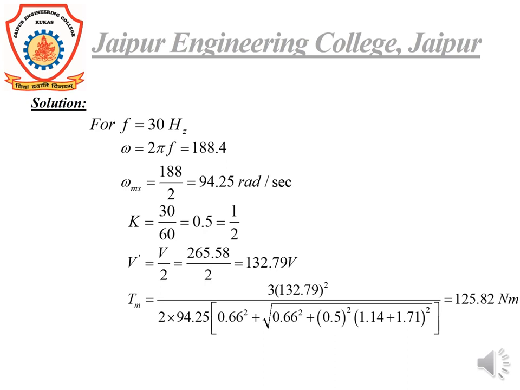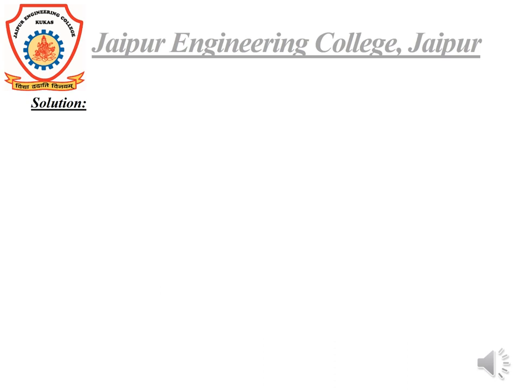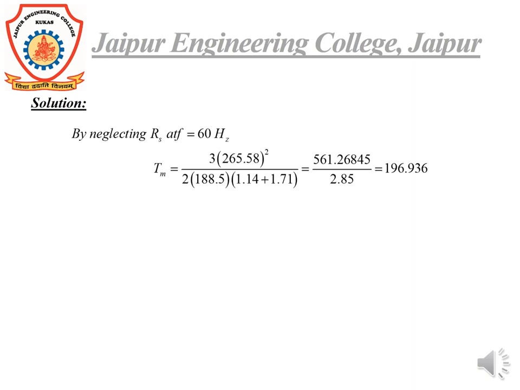Now we have to neglect Rs. By neglecting Rs at f equals 60 hertz, we have eliminated the Rs terms. So in the bracket we get root of Xs square plus Xr dash whole square. The square and root cancel, so we get Xs plus Xr dash.